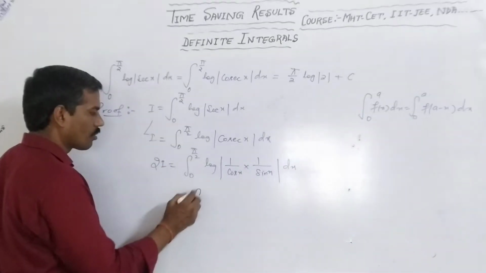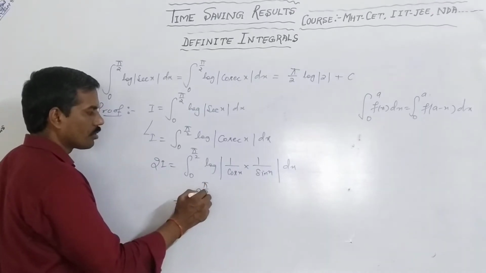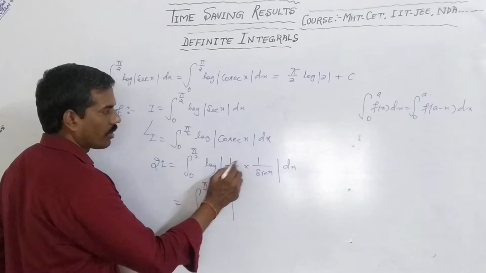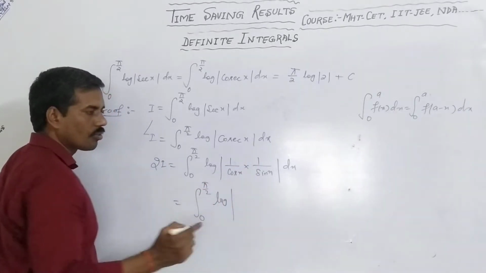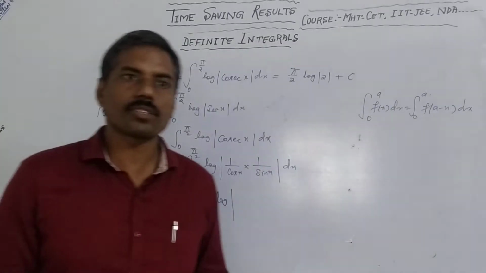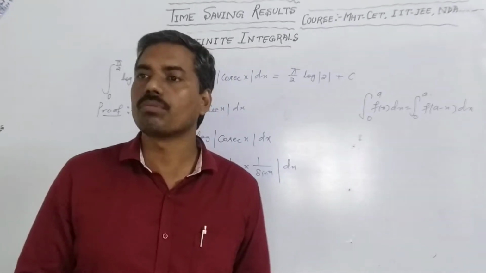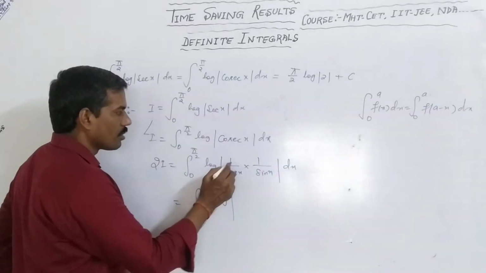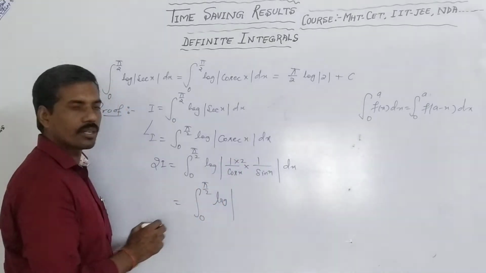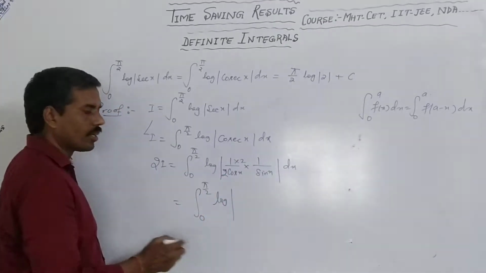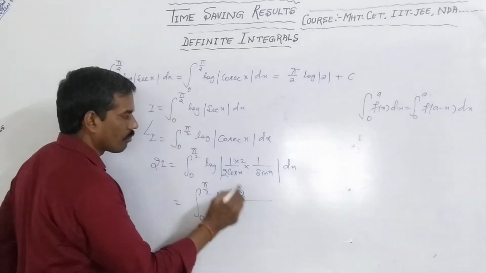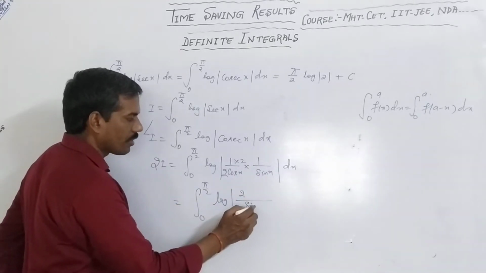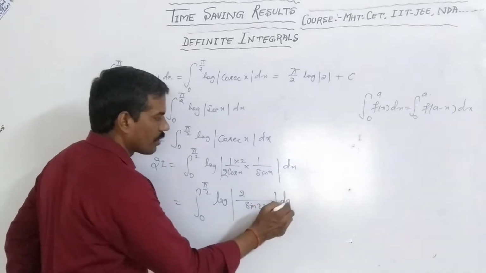And this is equal to integral from 0 to pi by 2 of log of mod of 1 into 1, and we know that 2 sin x cos x is equal to sin of 2x. For that, we have to adjust 2, multiplying by 2 in the numerator and dividing by 2 in the denominator. We get 2 upon 2 sin x cos x, that is sin of 2x dx.